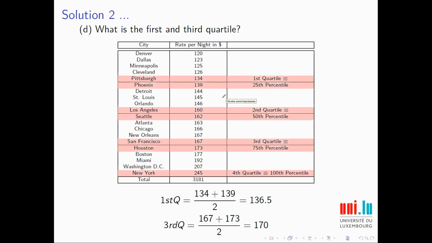Just a few slides ago we found the median, so you already know how to find the positions. And as you also know from the definition, the median is the second quartile or the fiftieth percentile. So we already found it in the previous step.